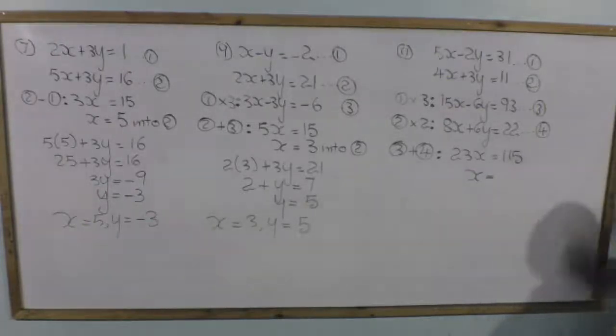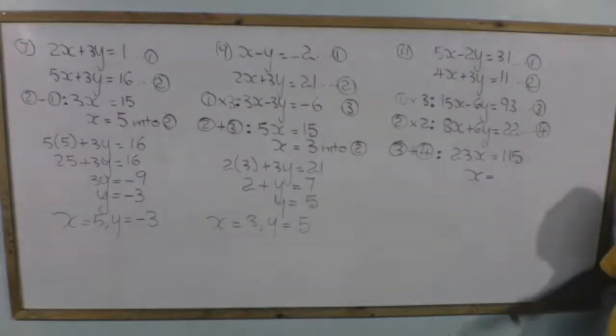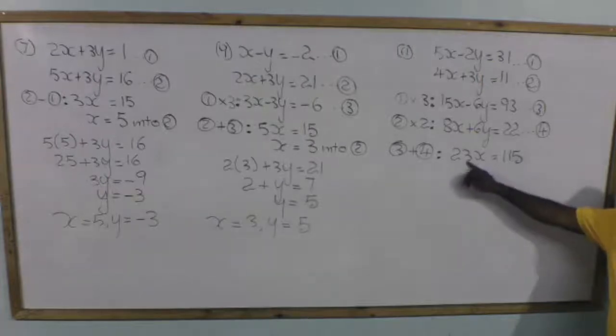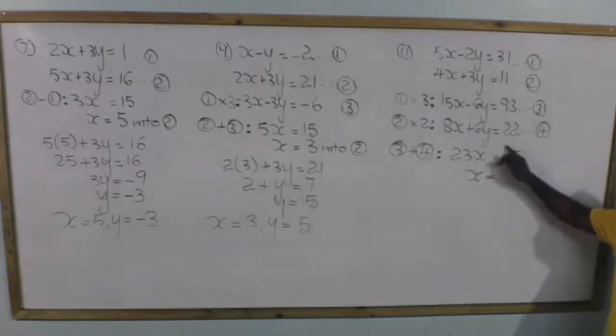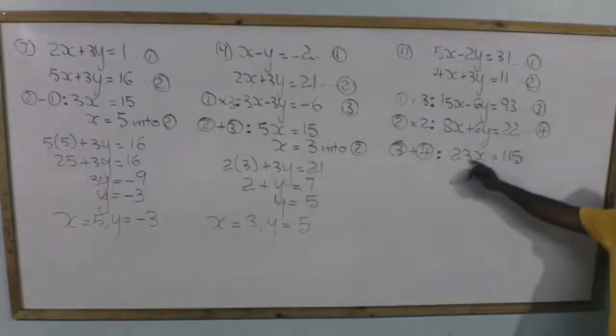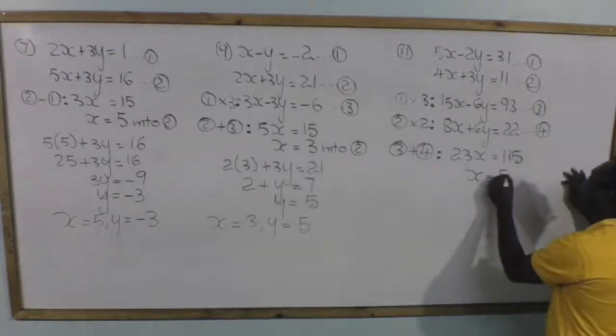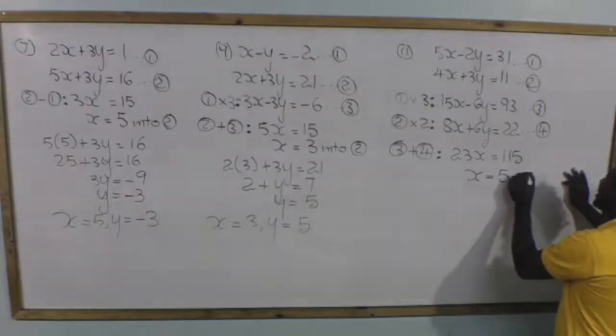So what is x equal to? The numbers seem large. So we think that we probably need to hesitate for a few seconds. But if we look at this, we'll see that 15 is 5 threes. And then this is the 100 part, which is 5 times 20. So we are sure that x is equal to 5. Yes, x is equal to 5.